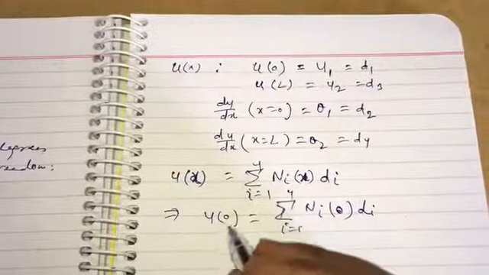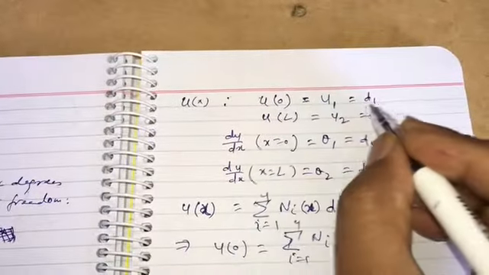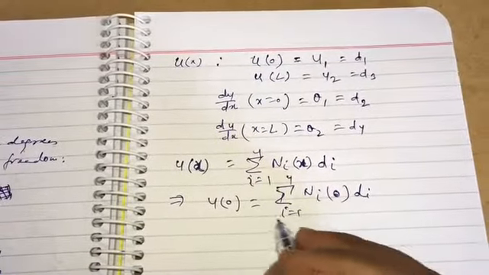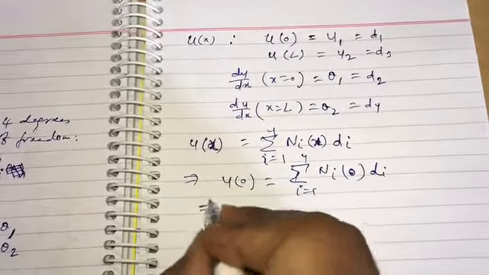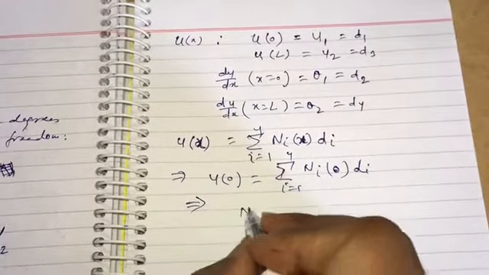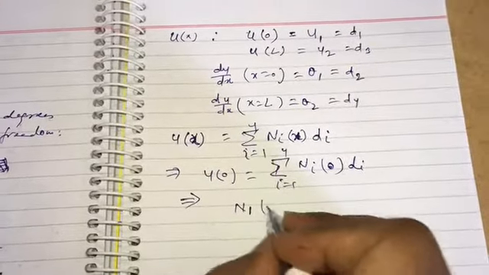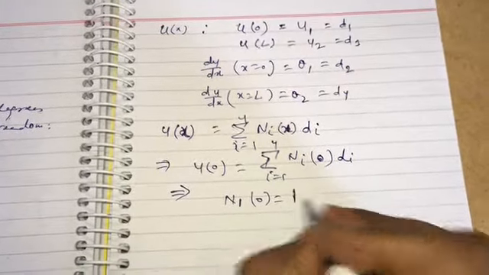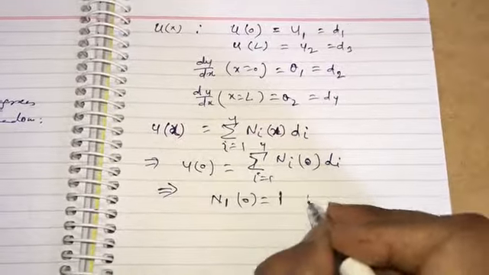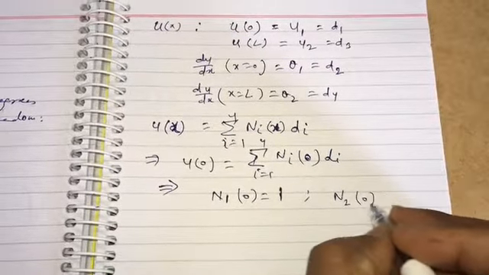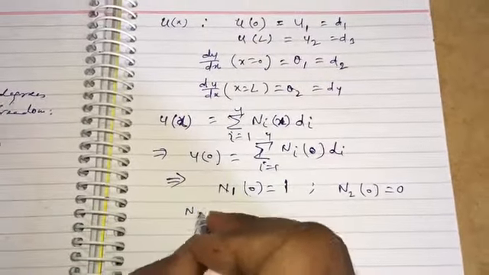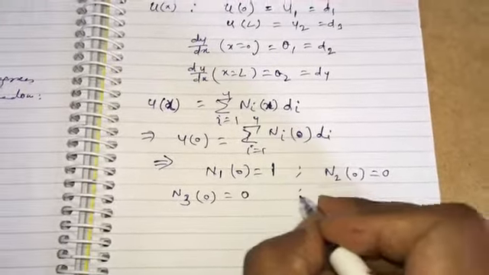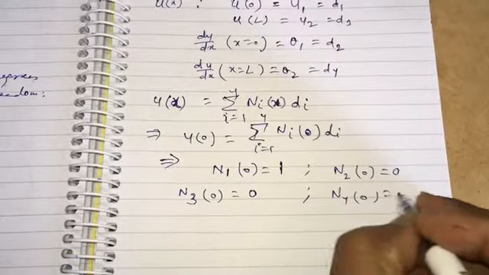Now we know that d0 equal to d1, so that really means N1(0) equal to 1, and all others will be 0. So N2(0) equal to 0, N3(0) equal to 0, and N4(0) equal to 0.